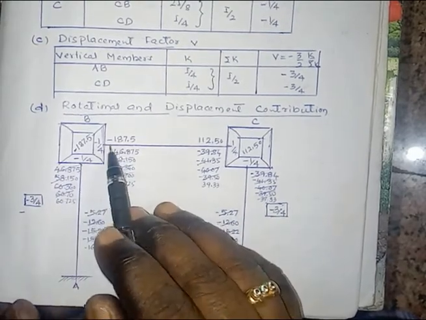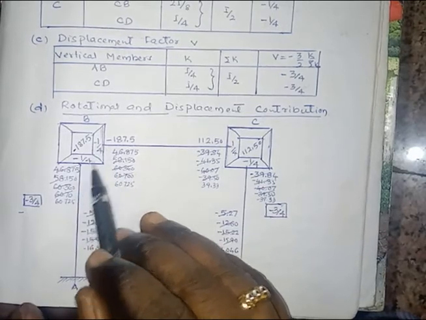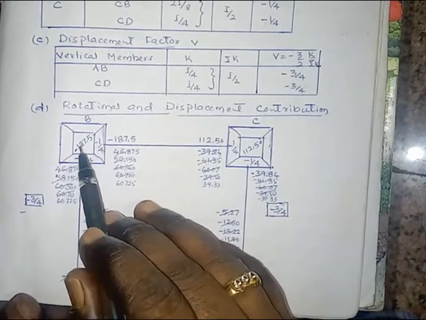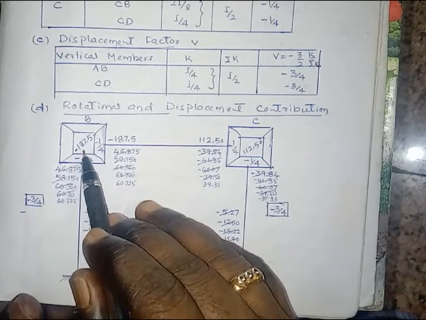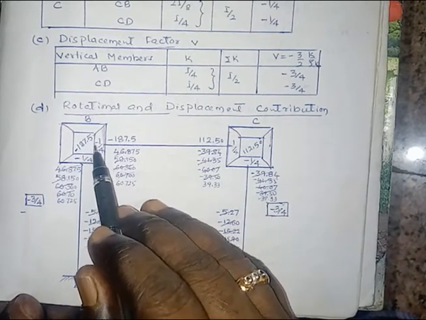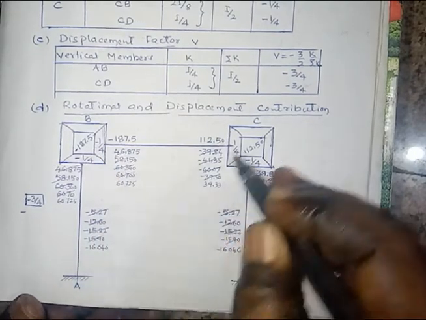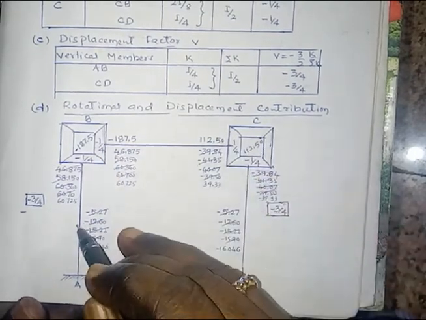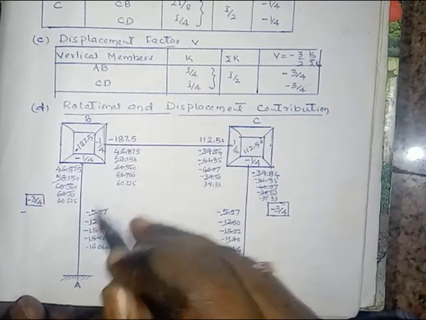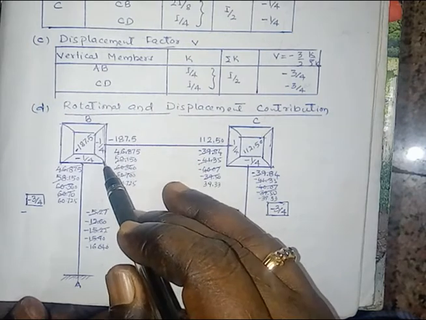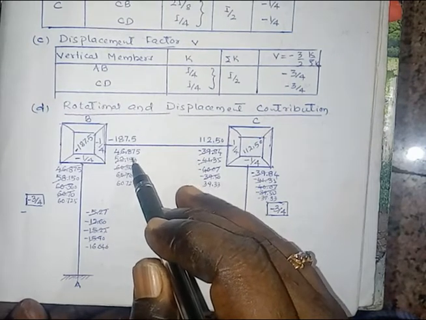Then for BC, again the same thing: the rotational factor is minus 1 by 4, inside the bracket the sum of the fixed end moments is minus 187.5 plus the far end contribution from A, which is 0, from C, which is 0, plus the displacement contribution, which is also 0. Therefore minus into minus is plus, 187.5 divided by 4, that is 46.875.